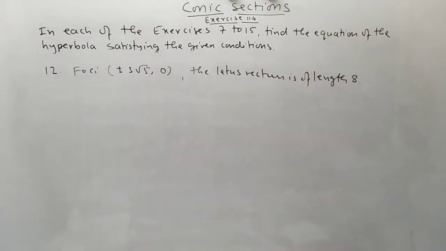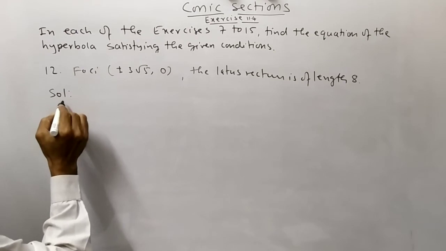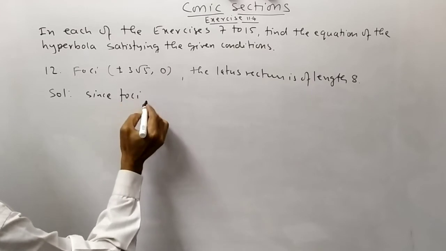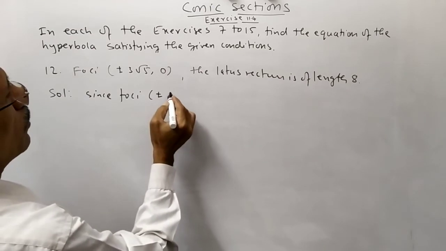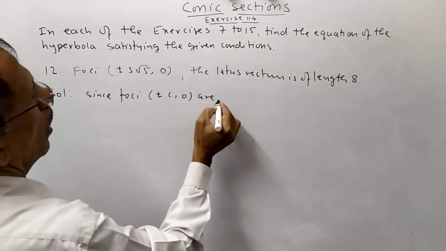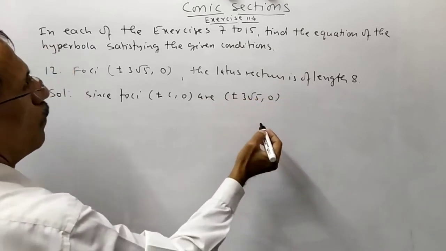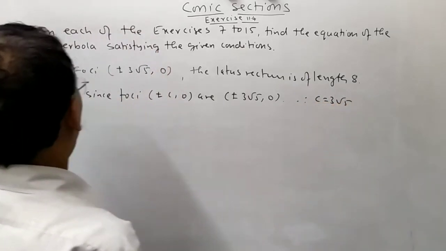Next question. Coordinates of foci are plus or minus 3 root 5 comma 0. The latus rectum is of length 8 units. Solution. Since coordinates of foci plus or minus c comma 0 are plus or minus 3 root 5 comma 0, therefore c is equal to 3 root 5.